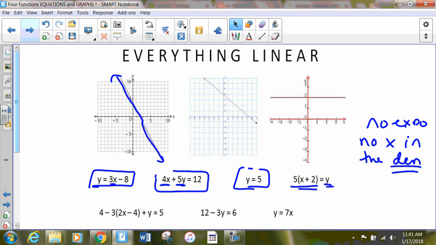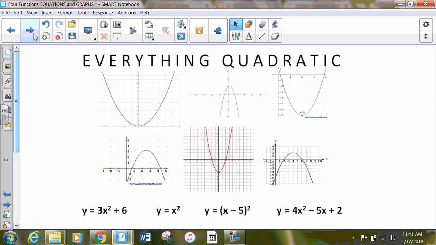So we're going to briefly look at quadratics. And so we look at their graphs, and we see that a quadratic is either a U or an upside down U, right? These graphs are actually called parabolas.